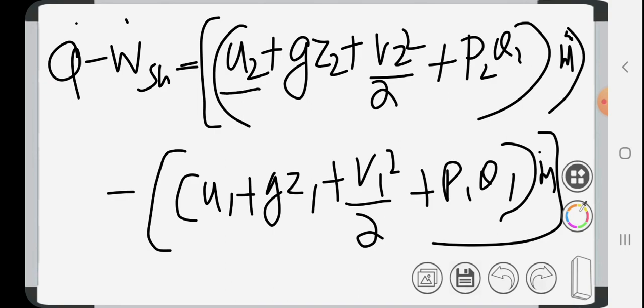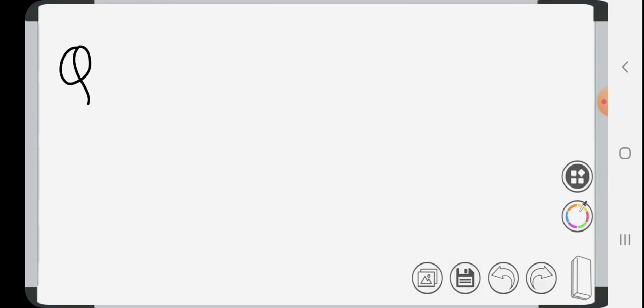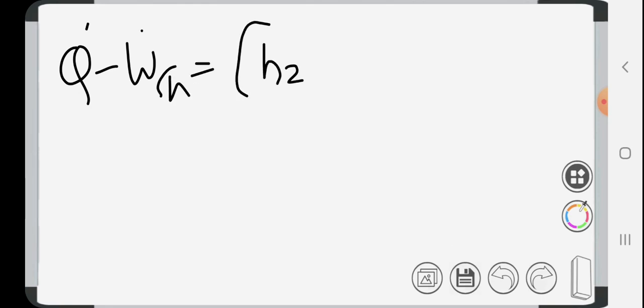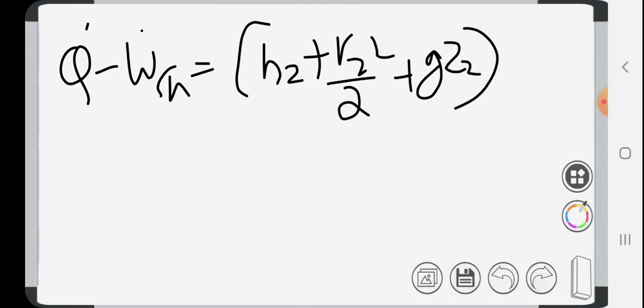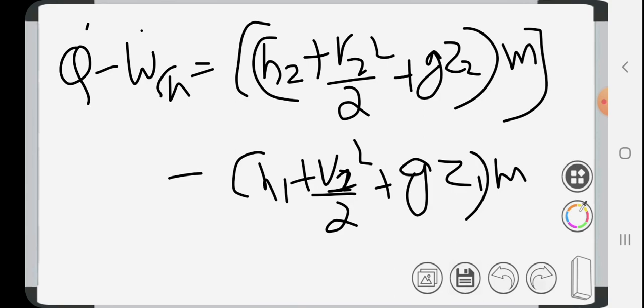So here the sum of u plus PV is nothing but enthalpy h, we have already studied. So the equation gets simplified to the form (h2 plus V2 square by 2 plus gz2) m minus (h1 plus V1 square by 2 plus gz1) m, right?